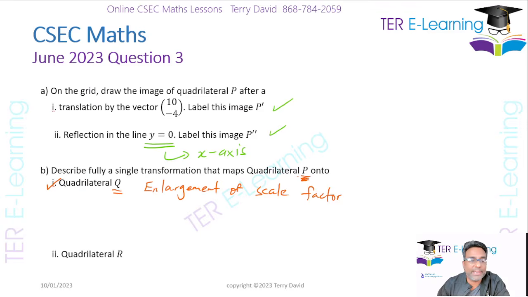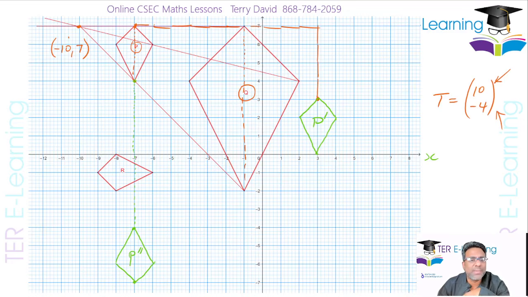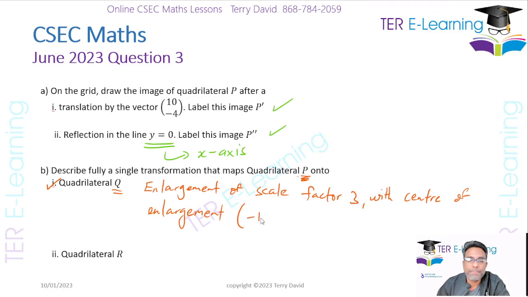So you're going to say enlargement of scale factor 3 with center of enlargement, and we just worked out this coordinate, so you're going to write that coordinate there, which is minus 10, 7. So that's the answer for part 1.